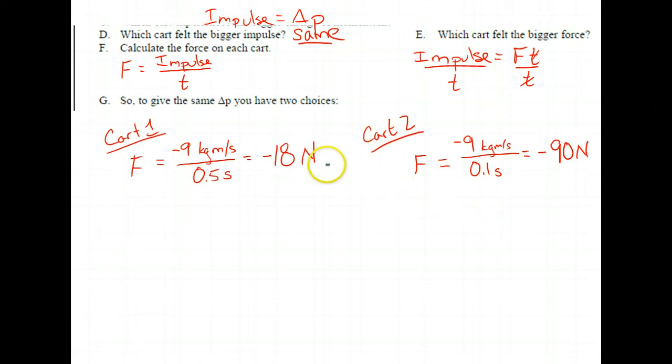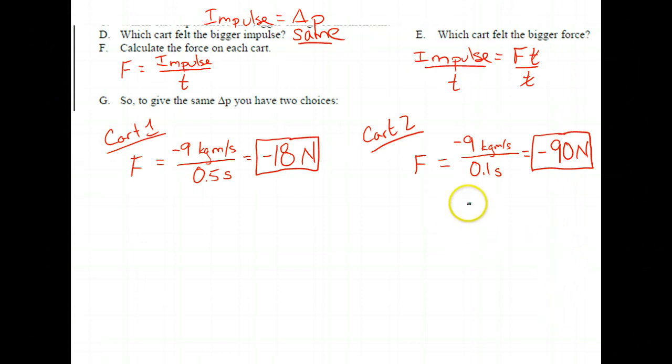So if we look at these two carts, they had the same impulse, but they had very different forces. This one, cart 1, had a lot less force at negative 18 newtons, where cart 2 had a huge force put on it at negative 90 newtons, large average force. Well, why is that? If they have the same impulse, why does one experience such large forces when stopping? Because of the time.